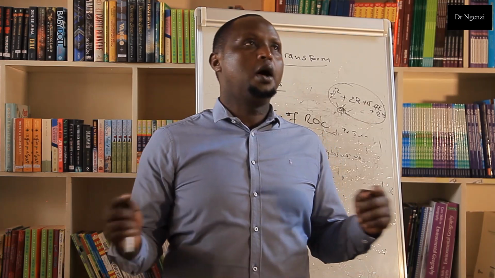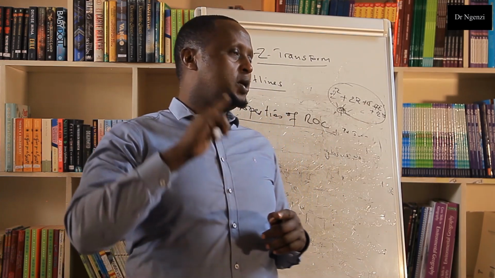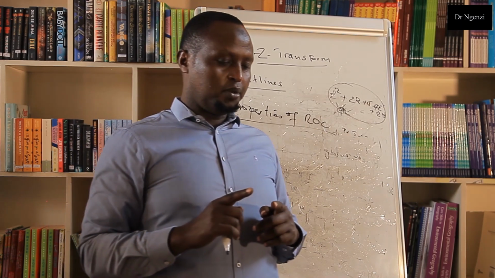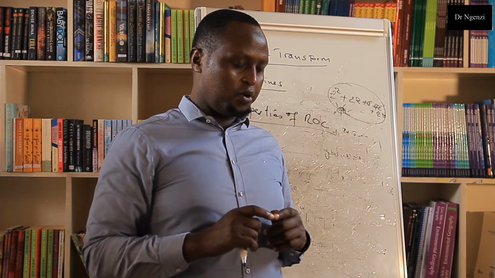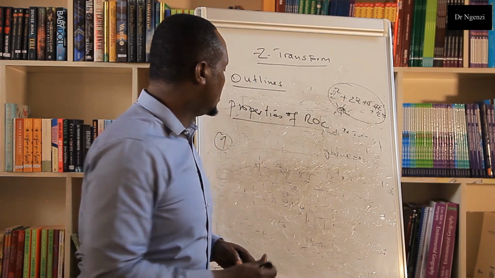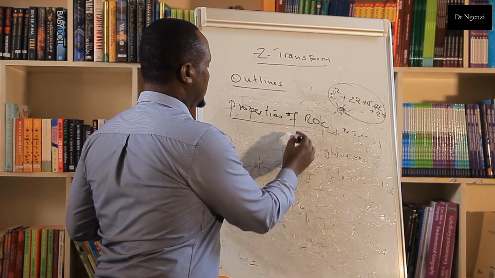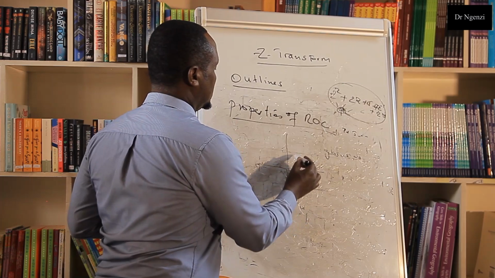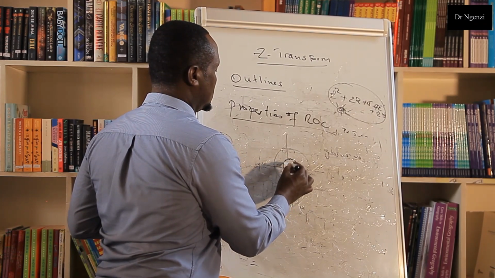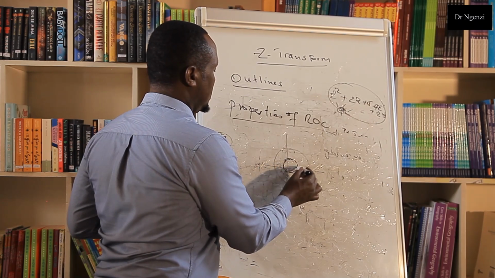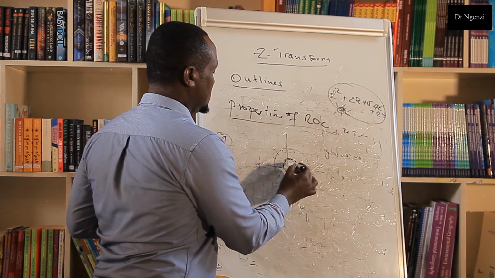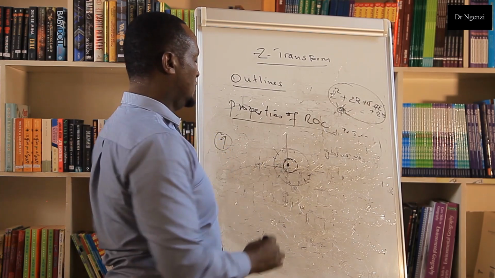The other one was the outermost pole, but here it's going to be the innermost. So suppose you have this value, then the region of convergence is going to be on this side instead of going outside. So this is the innermost part of it.